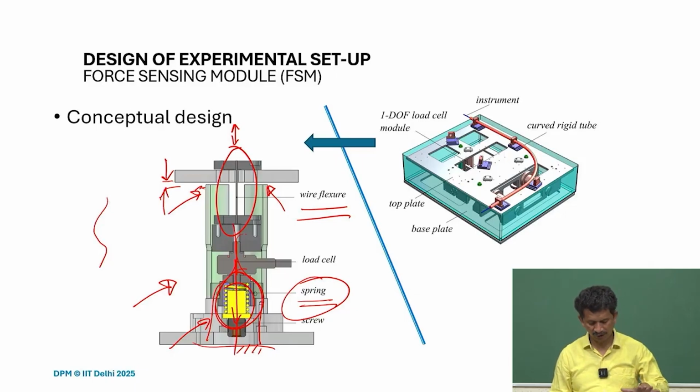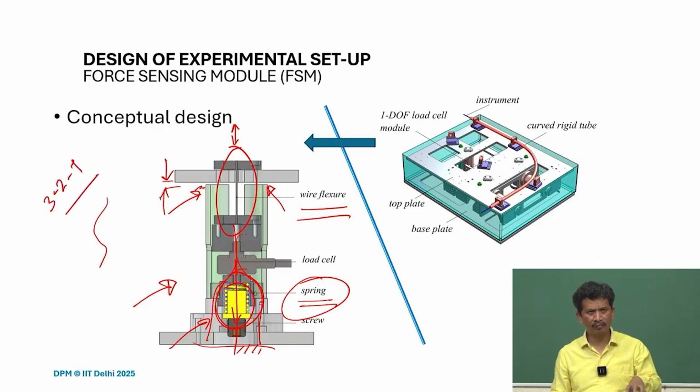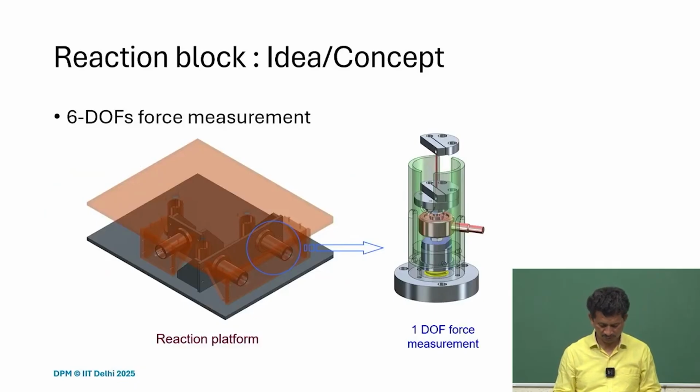This is very nice, and again, how do we get that 3 plus 2 plus 1 configuration with this? This is one module. This is what we call one-dot force measurement, and this is the rendered view.